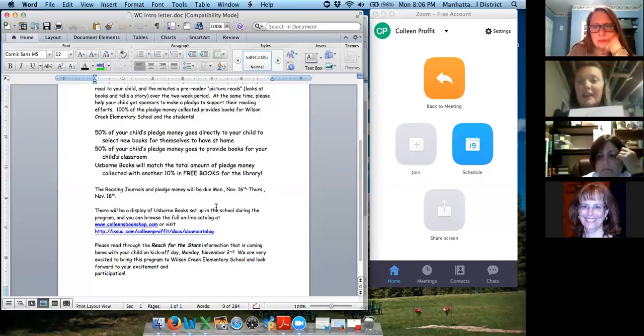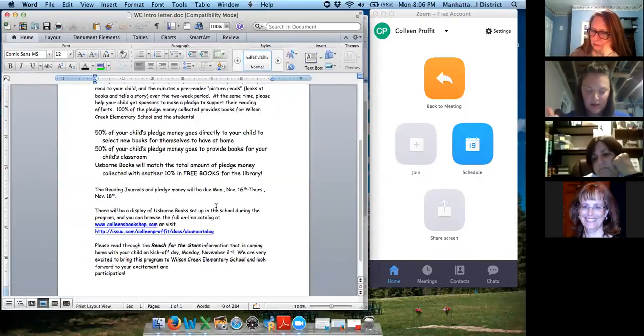Because I have 485 students at my school, instead of handwriting all the information on here, like when the forms were due and who to make the checks out to, I just put that all on something like a file folder tab that you would print out on the computer.